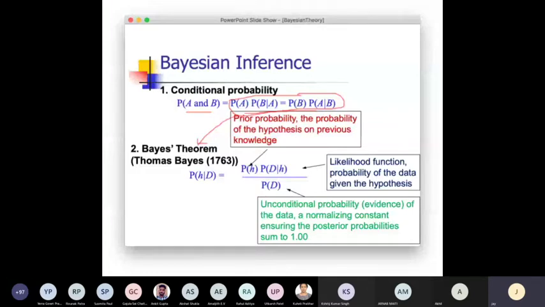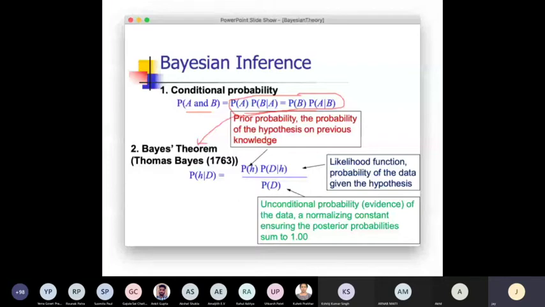But in Bayes theorem, this denominator term is normalizing the probabilities of the hypothesis given data, which is called the posterior probability. Since this is a probability, it should have a value between 0 and 1, and unless you include this denominator, you are not going to get the probability value in the absolute sense.